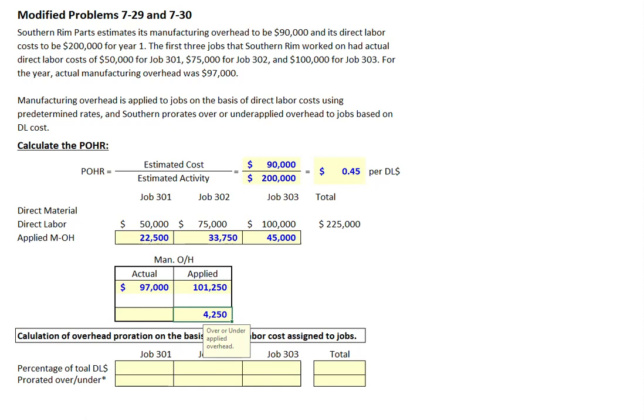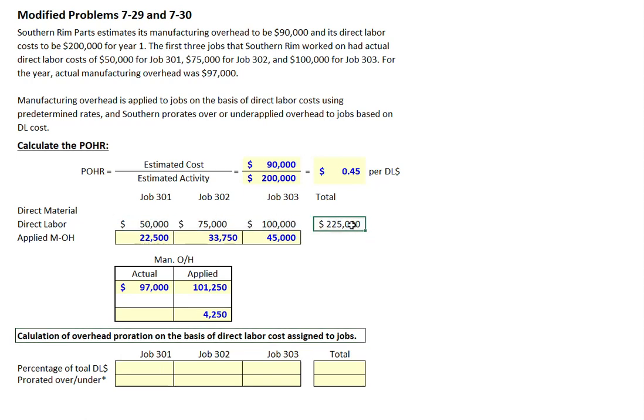$4,250. We were told that Southern prorates manufacturing overhead on the basis of direct labor cost assigned to jobs. So let's go ahead and calculate that proration. If we're using direct labor cost as the basis for assigning cost to jobs, we need to calculate the percentage of total direct labor cost that each one of these jobs represents.